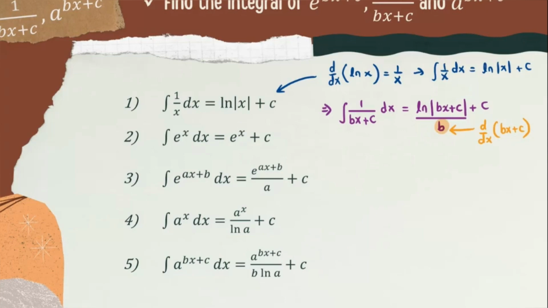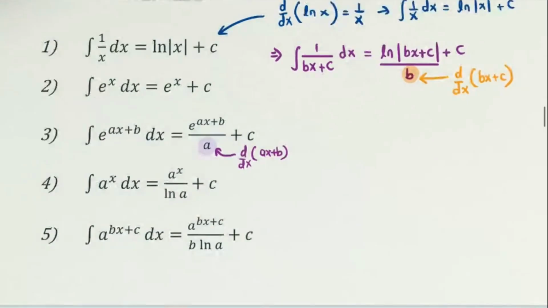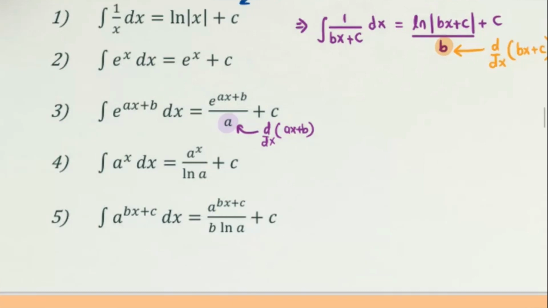Tetapi kalau kita integrate e of ax plus b, first of all, salin divided by differentiate power dia. Kalau integrate a^x dx, sama juga konsep dia, salin tetapi kita akan bahagi dengan differentiate power dia.